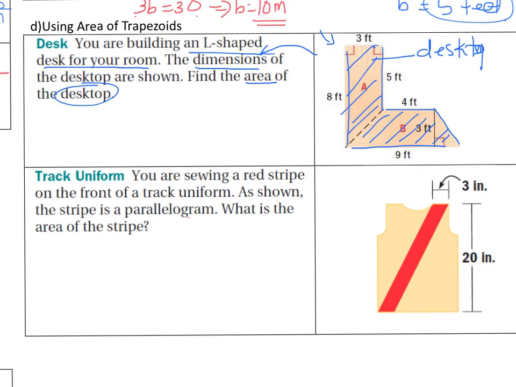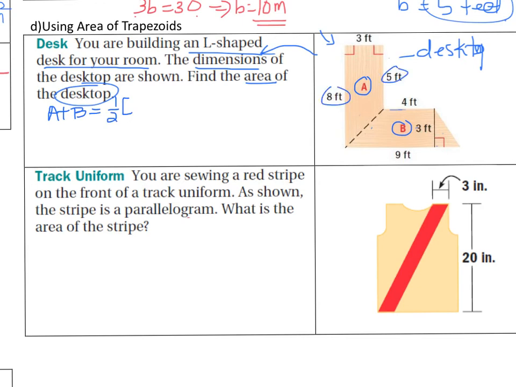Okay, I'm going to erase this for you so it's clearer. Okay, so I need to find the area of A plus B. So the area of A plus B would just be half, got this base and this base, 5 plus 8 times the height of trapezoid A. So this part of the equation would be considered the area for trapezoid A. And now I'm going to look at trapezoid B. 4 and 9.